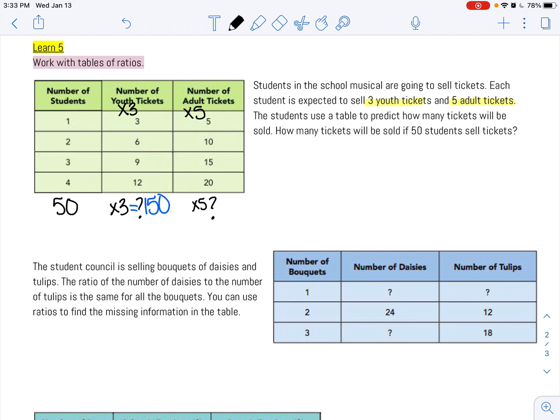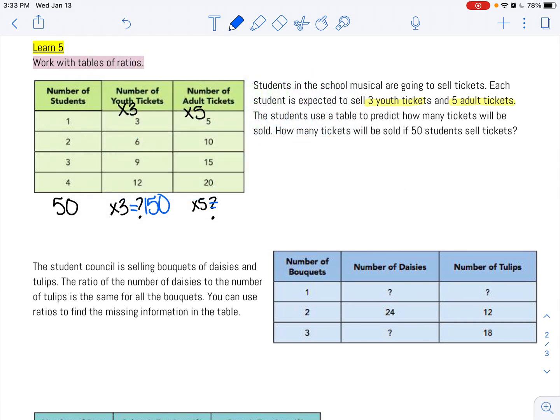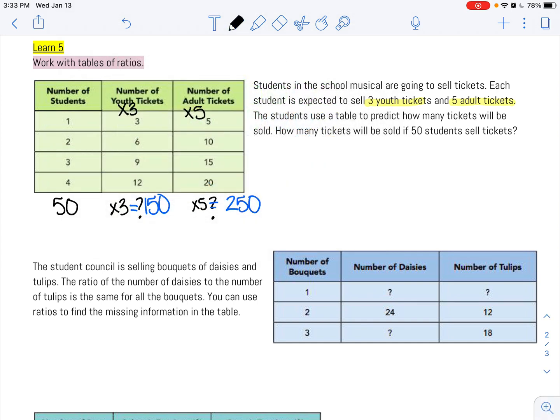So I'm going to multiply by 5. When I do that, I'm taking 50 times 5. I get 250. So 50 students are going to be able to sell 150 youth tickets and 250 adult tickets.